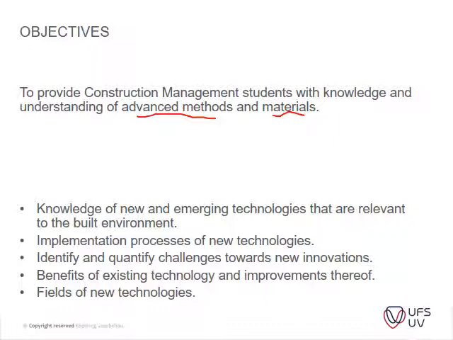We're going to look at the methods because that is a bit more universal and cuts through more of what you will be able to apply in practice, whereas the materials are usually dictated by the design team, which we are not really involved in too much, although it's good to always have some insight into the materials. So that's our broad objectives of the module.